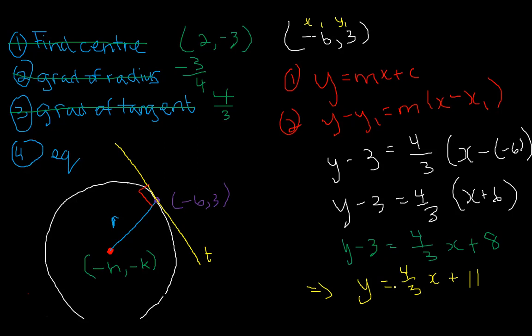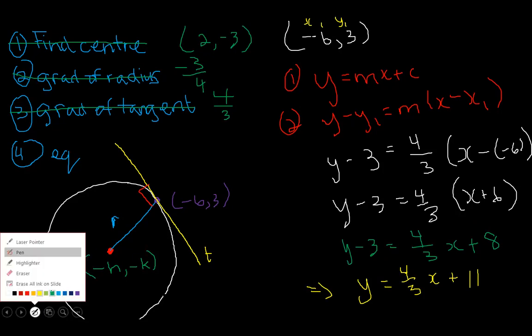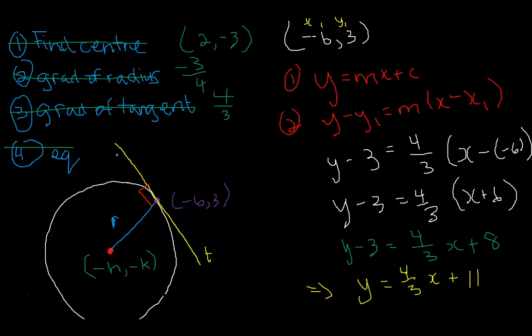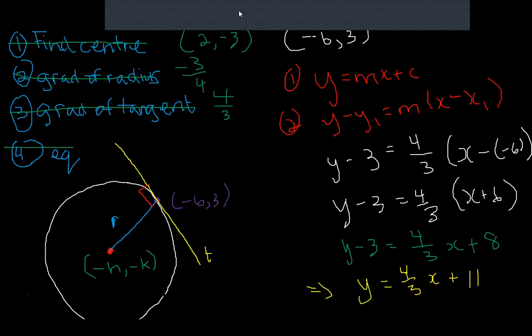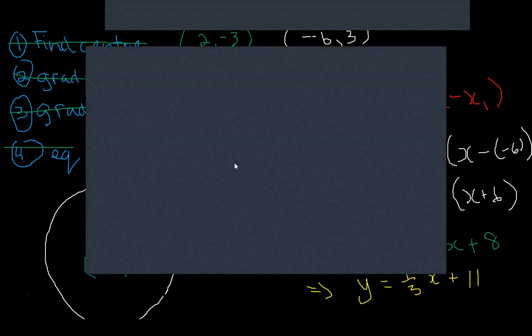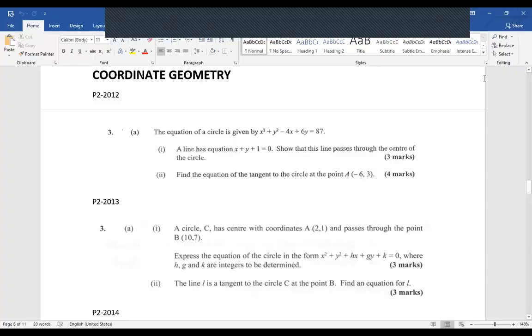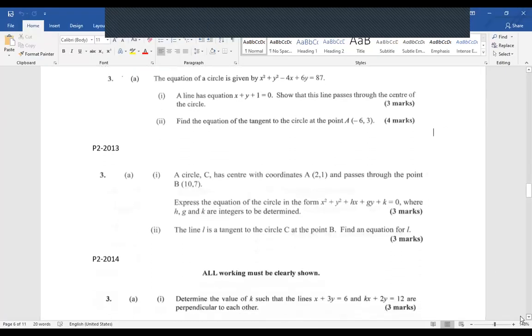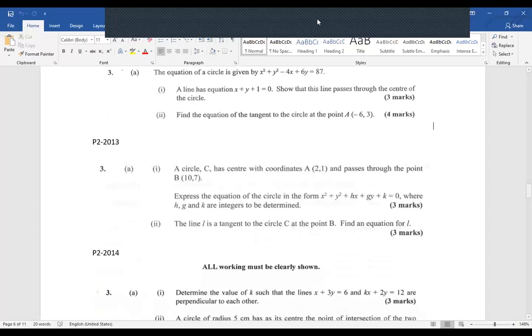Everybody good with that? Yes. All right. Okay, time for you to do this one by yourself. Well, you did. Anyways. For this other question, I want to go in straight. I wouldn't go through all these steps like that. Right? Okay. We're doing this one now.